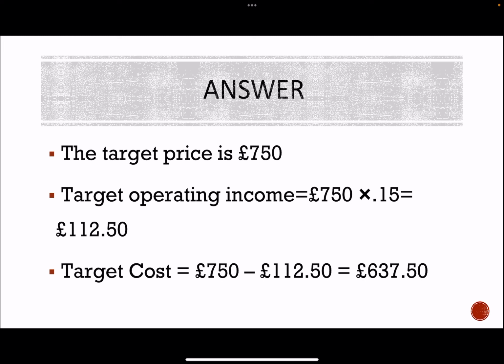Then the target price minus the target operating income equals the target cost. Then simply the accountant will provide this information to the engineers and ask them to provide a product within this cost, not to exceed 637. Perfect answers. Thank you so much.